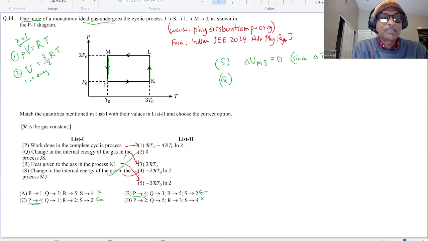The change in internal energy of the gas in the process J to K. The temperature is changing, so I just use this formula.